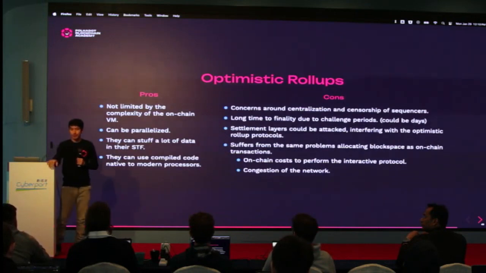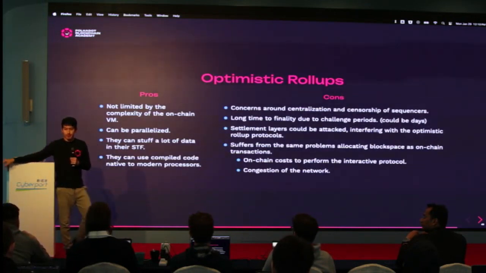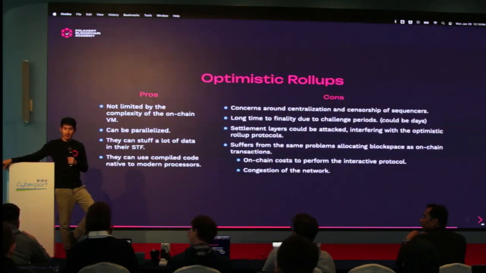Because when you invoke a challenge, the on-chain VM essentially executes the state transition. My understanding is that's maybe one implementation of optimistic rollup, but optimistic rollup does not necessarily need that.